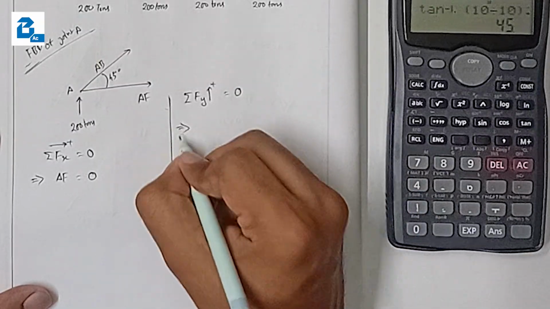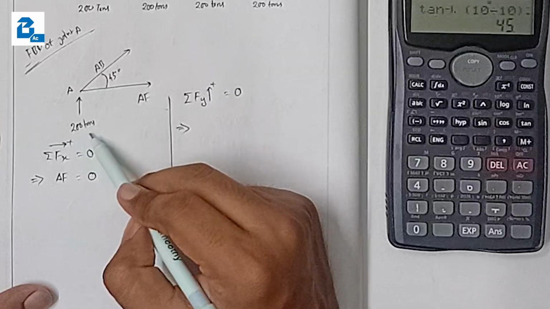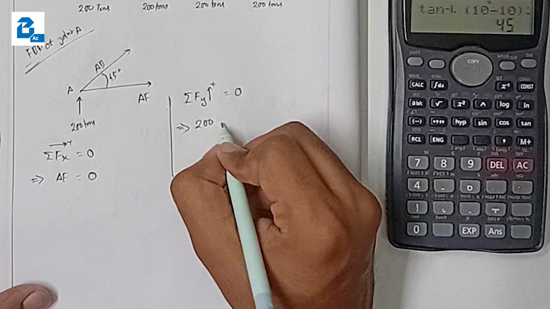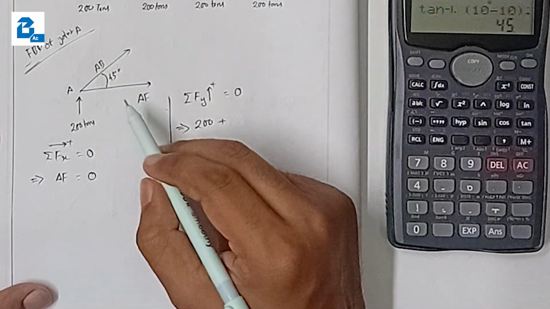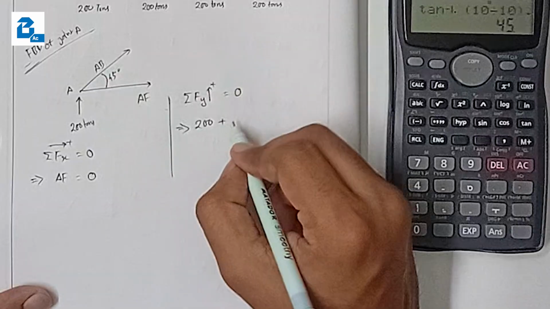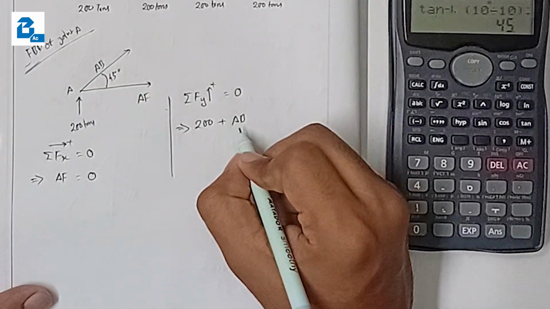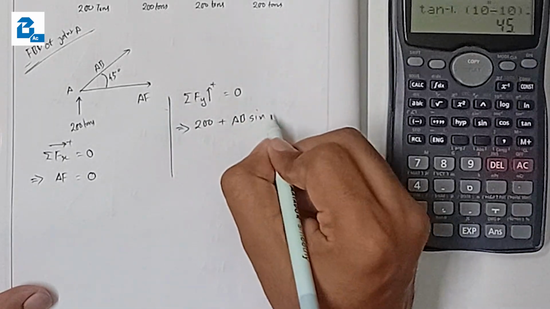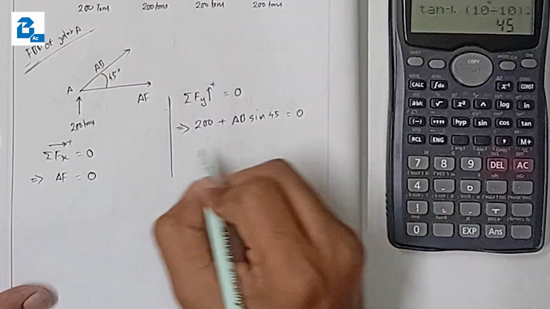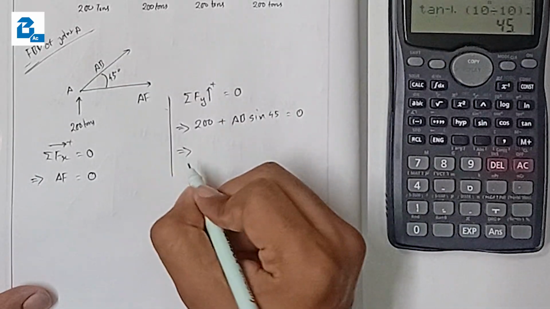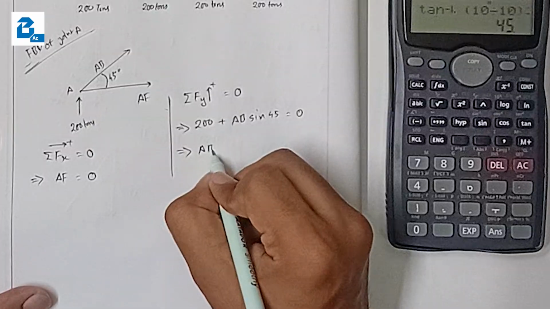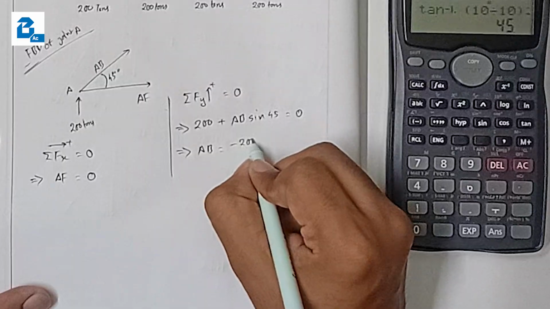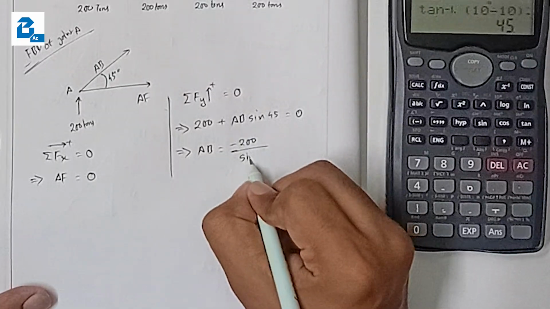At point A there is 200 tons acting upward, so we take 200 tons plus AB, since AB is acting upward, but since it makes a 45 degree angle with the base, we say sine 45 degrees equals 0. Then we get AB equals minus 200 divided by sine 45 degrees.